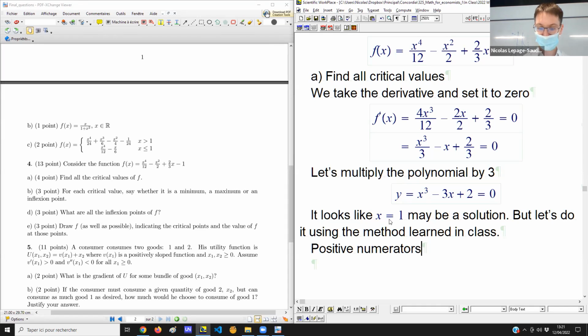Numerators are multiples of 1 and 2, positive denominators.